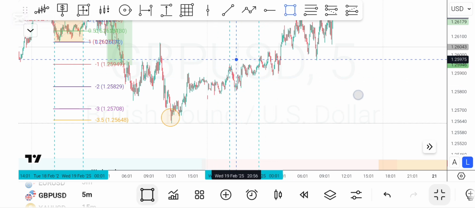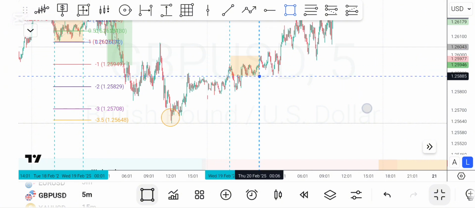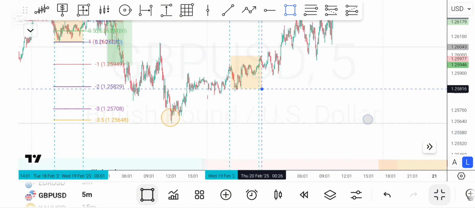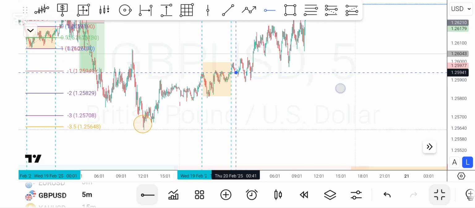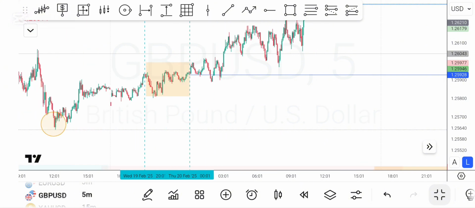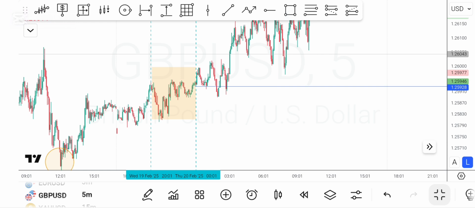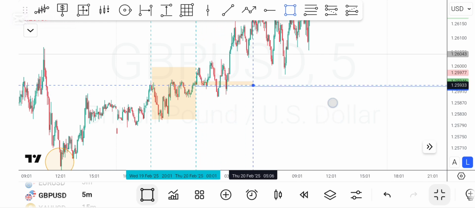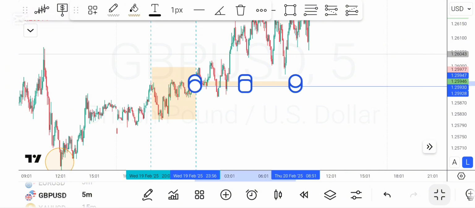And we are going to pay attention to the high that was formed during this session and the low that was formed during this session. Okay, this is going to give us our Asian range, and we are going to look at the midnight opening or the true IPDA opening price. Okay, and we are going to study that. Always pay attention to the opening price, like so. I think I've said this over and over again. You are going to see how many times the market is going to react around the opening price.